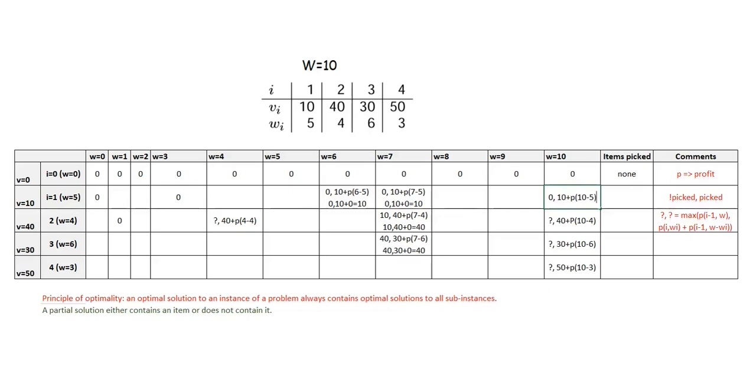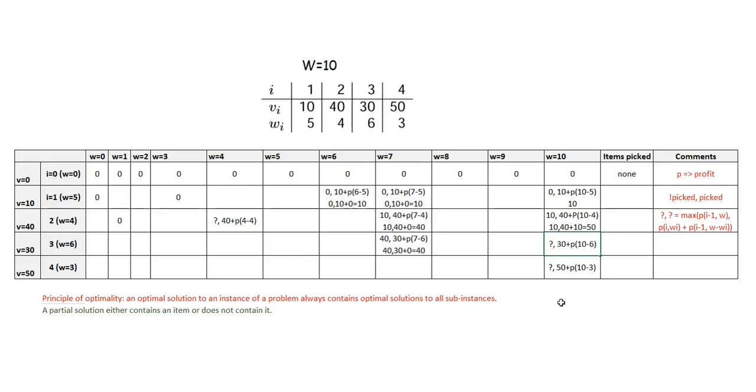So 10 minus 5 is 5, which is 0. So again, solution here is only 10. So we have resolved this one. We can replace this question mark with 10 and we have to pick which one is better, either 10 or 40 plus P10 minus 4 is 6. So P6 is this one. That is 40 plus 10 is 50.